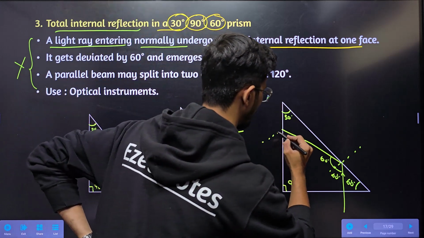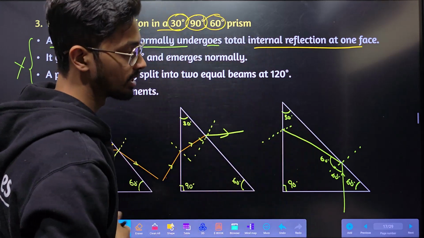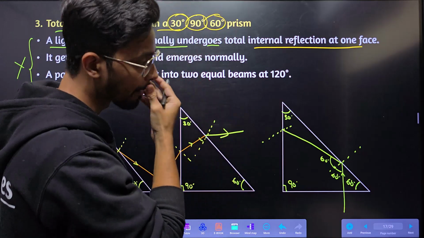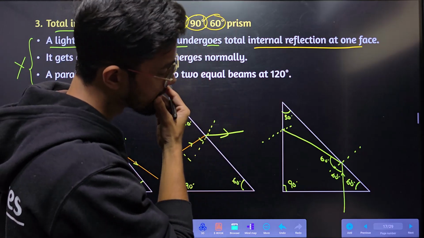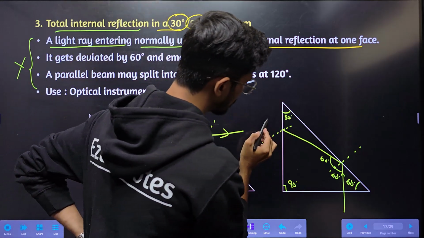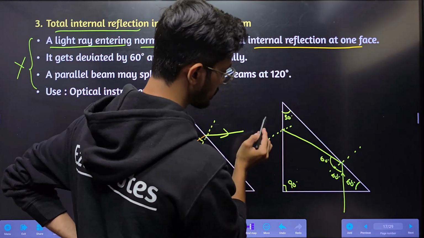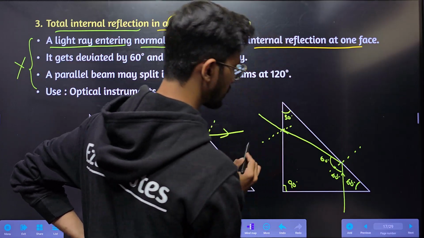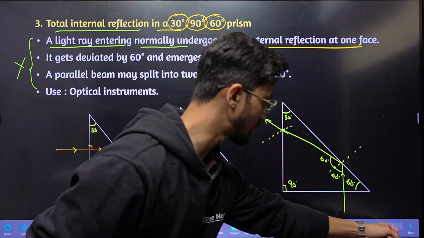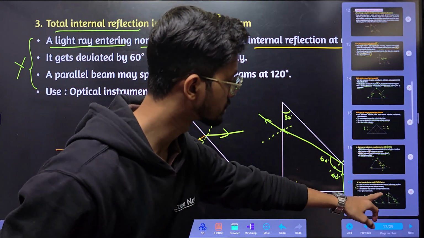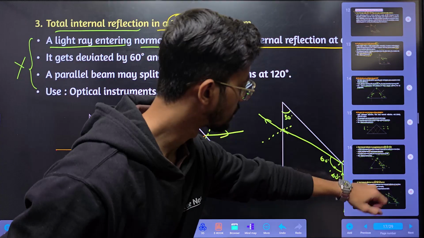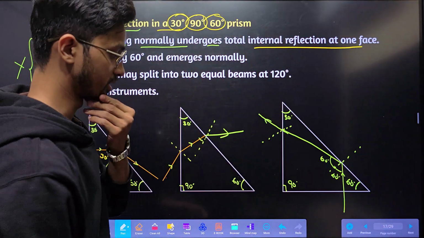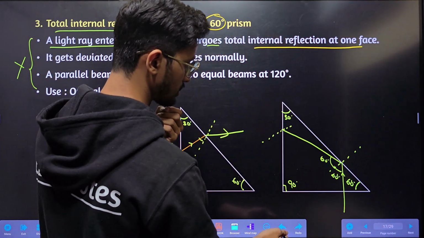Again, what will be this angle? If this is 60, this will be how much? Wait, this will be 90, right? This is only 90. It will go like this only. See, this same thing as this. This won't be 90. Wait. Just a minute. Give me a minute. See here.